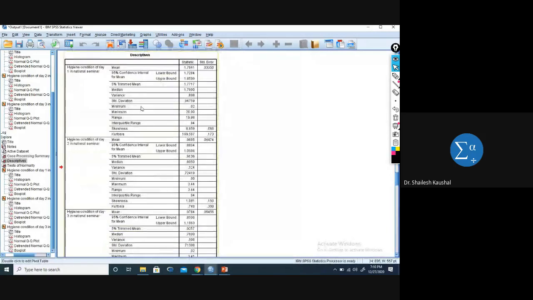Okay, so the descriptive statistics. I told you descriptive statistics tell us about the central tendency, measures of dispersion and distribution, meaning skewness and kurtosis. So this is the mean value 1.794 and 95% confidence interval, lower bound and upper bound, it's a limit.